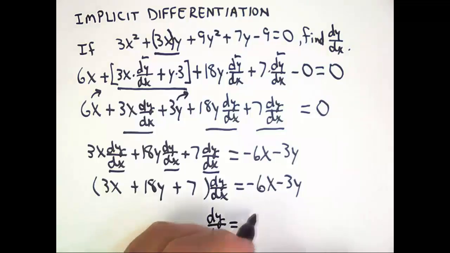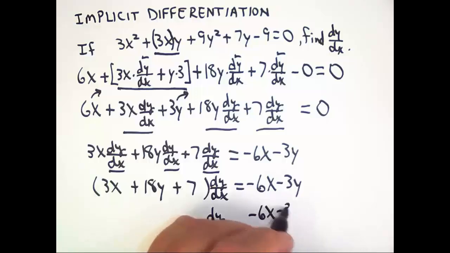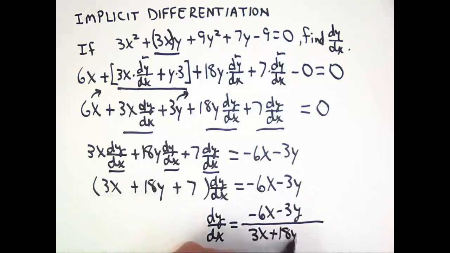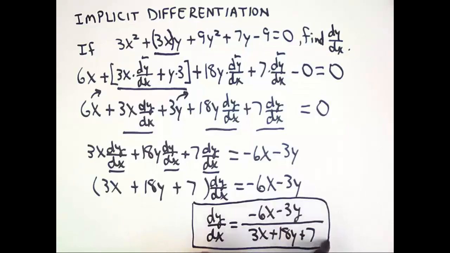So dy over dx is minus 6x minus 3y divided by this factor here, which is 3x plus 18y plus 7. So now I've found dy over dx for that problem. Let's keep going.